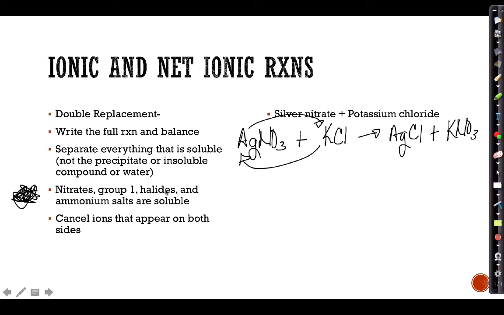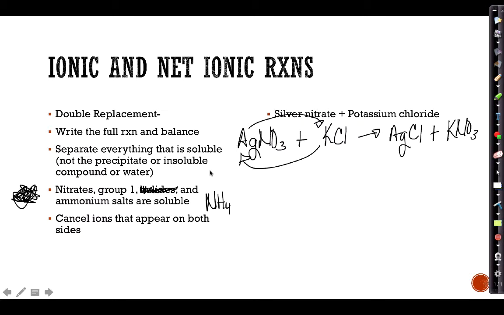Most of the time halogens are going to be soluble compounds, but that's not always the case, and that's actually not one of the rules you need to know. You need to know about nitrates, you need to know about group 1, and you also need to know ammonium salts are soluble. So anything with NH4 will also be soluble.